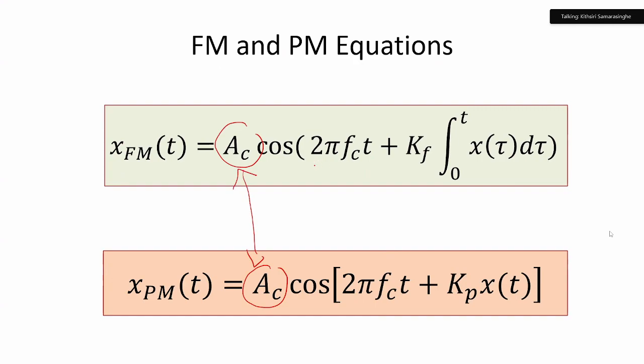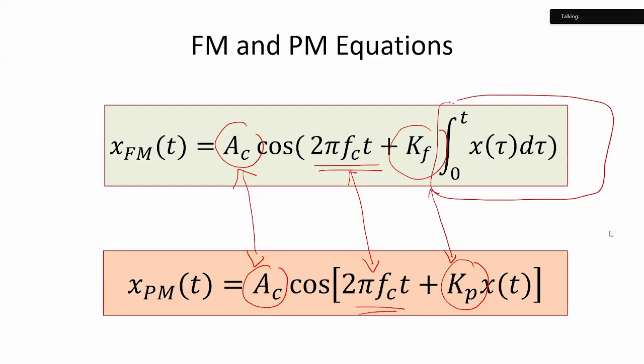You can see this term 2πf_c, that's the carrier frequency, same carrier. And also you can notice the proportionality constants, k_p and k_f. And here is an integral. Here is the direct signal. So that's the comparison, as you can see.